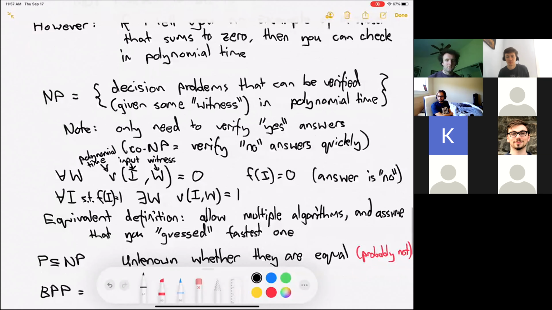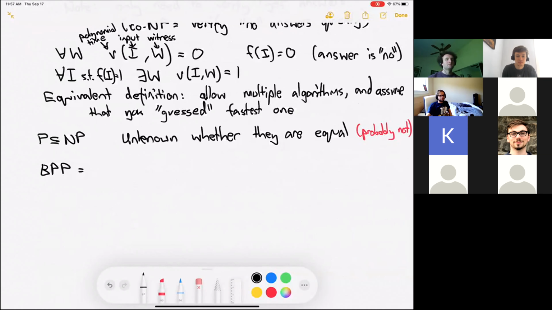I have a question. Yep. Can a functional problem be an NP problem? Say that again? Can a functional problem also be NP? Yeah, so you can define an analog of the NP complexity class that's for functional things. This isn't really a functional problem. It's technically a search problem.